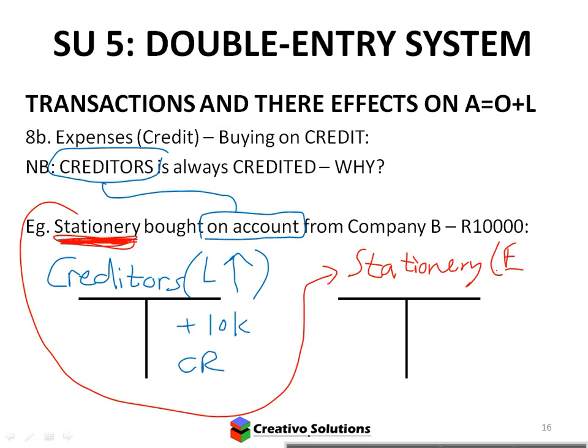Well, I had 0 expense before. Now, do I have an expense? Yes, I'm recording the expense for stationery. The expenses are going to go up. It's going to be debited. Plus 10,000 on that side. Debit. Is that okay?